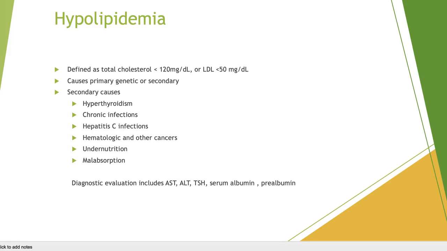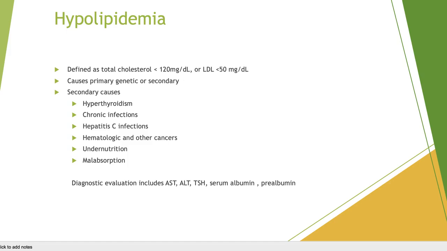Hypolipidemia, we always will get some referrals in cardiology regarding patients that have a low lipid panel. This is defined as total cholesterol less than 120 milligrams or an LDL less than 50. Primary causes are genetic or there are secondary causes, and those include hyperthyroidism, chronic infections, hepatitis C, hematological and other cancers.